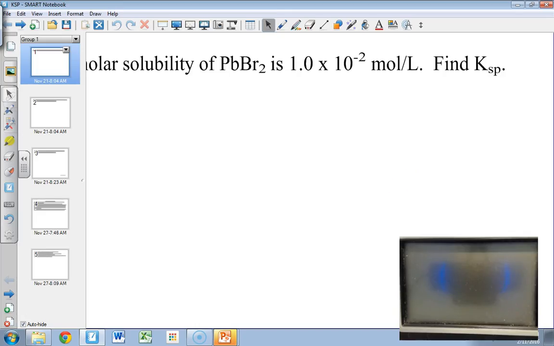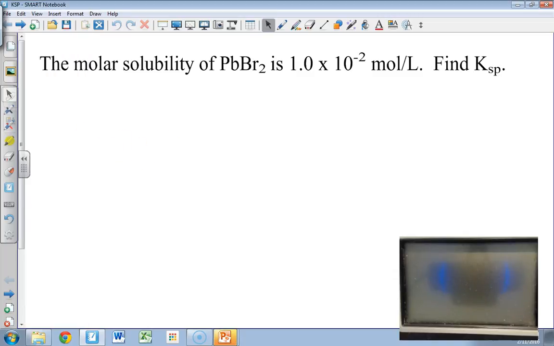So I called up some sample problems. Let's work through some of these because I think this will help us with the math of Ksp. So the molar solubility of lead bromide is this. Okay, this is a value. Find the Ksp.